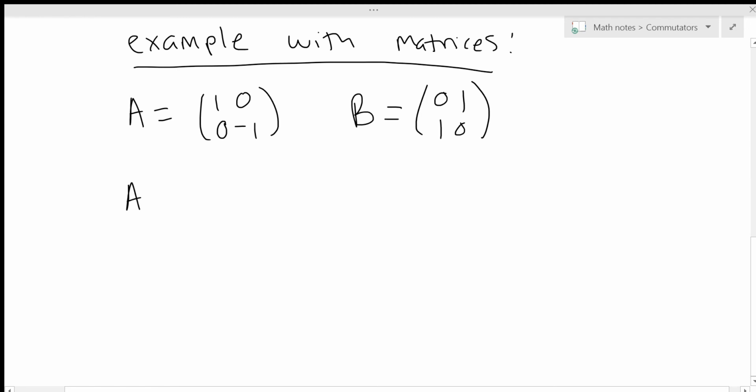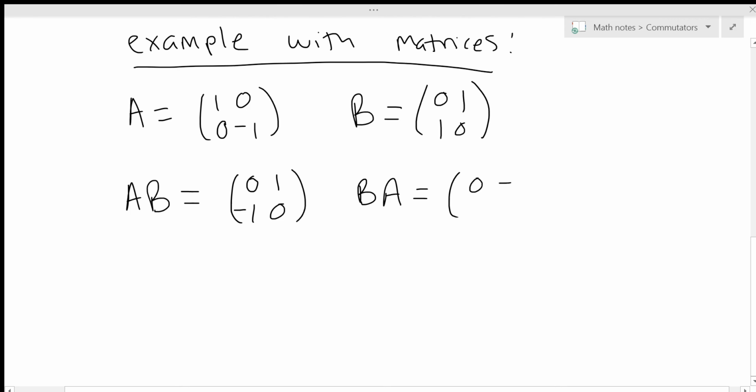And now we can calculate their products using the rules of matrix multiplication, and you can check it at home, and you'll find that A times B is equal to [[0, 1], [-1, 0]], but B times A is equal to [[0, -1], [1, 0]].